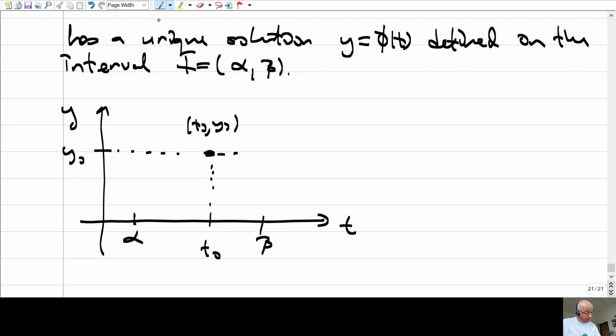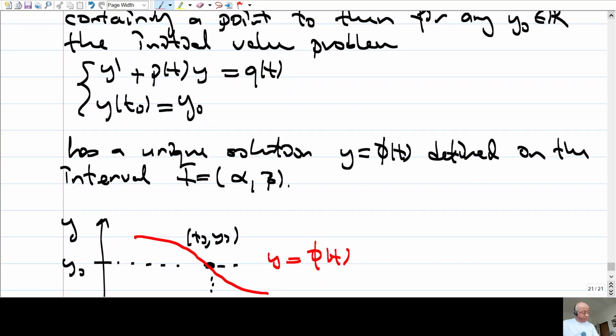So there is a function defined on the interval, let's say something like this. Okay, y equals phi t, and this phi t satisfies both the differential equation and this condition.